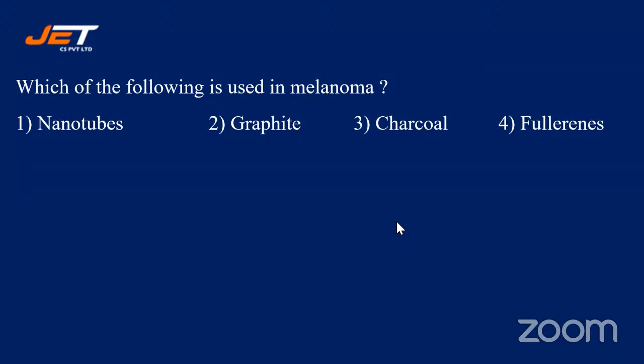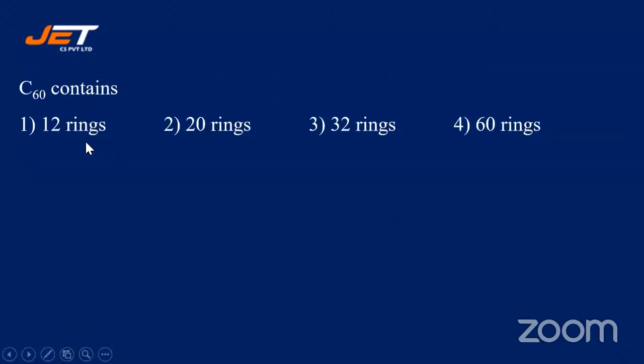Very good, very good. 5 seconds to answer. Yes, now we shall see the key. Fullerenes, it is option 4. Not nanotubes, it is option 4. Pranati, D. Shalini, yes, Gayatri, Saivardhan. Very good. Yes, let us move to the next one.